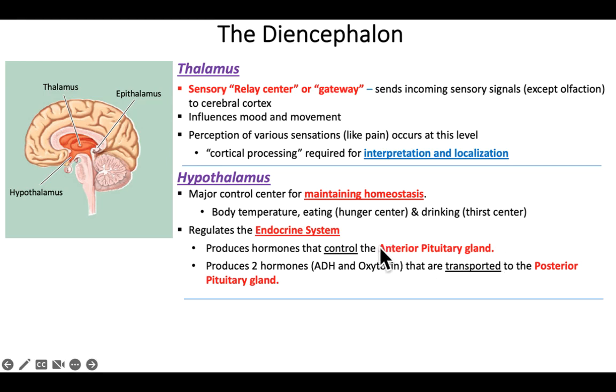Basically it tells it when to produce hormones and when not to. But it's also involved in the posterior pituitary, more in just giving that pituitary two hormones. One's known as ADH, and the other one is oxytocin. So we'll learn more about hormones in A&P2, but for now we just need to know that the hypothalamus has a direct relationship with that endocrine system.